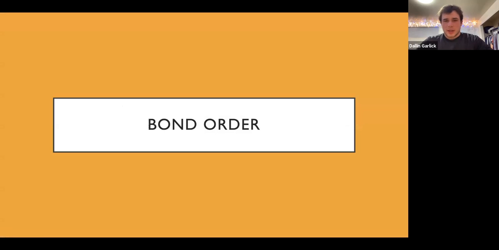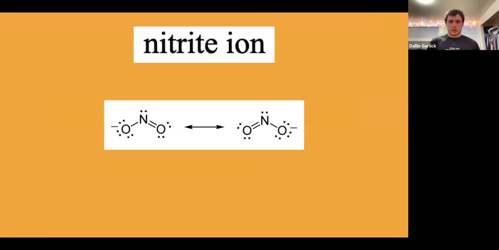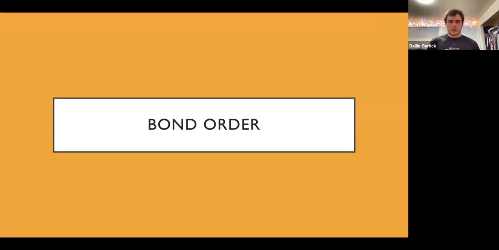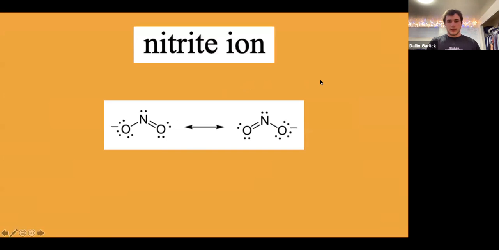Now let's talk about bond order. Bond order is where you just take how many bonds are in a structure. If this was NO, with only single bonds, then it would be that number.